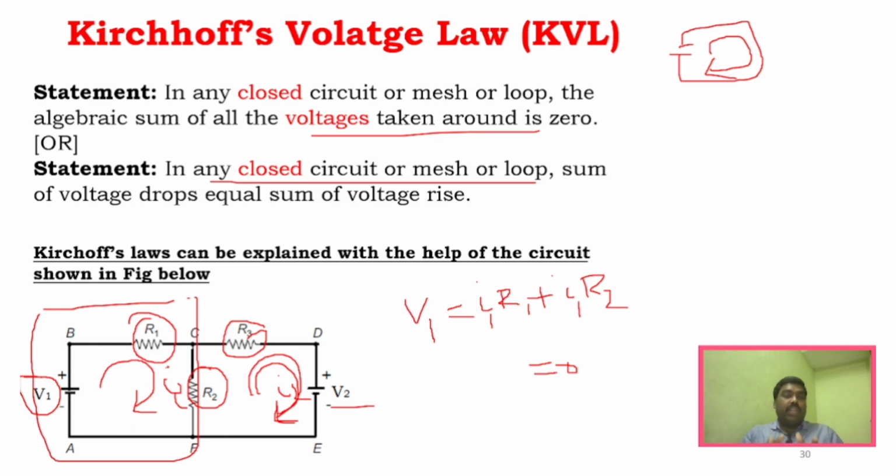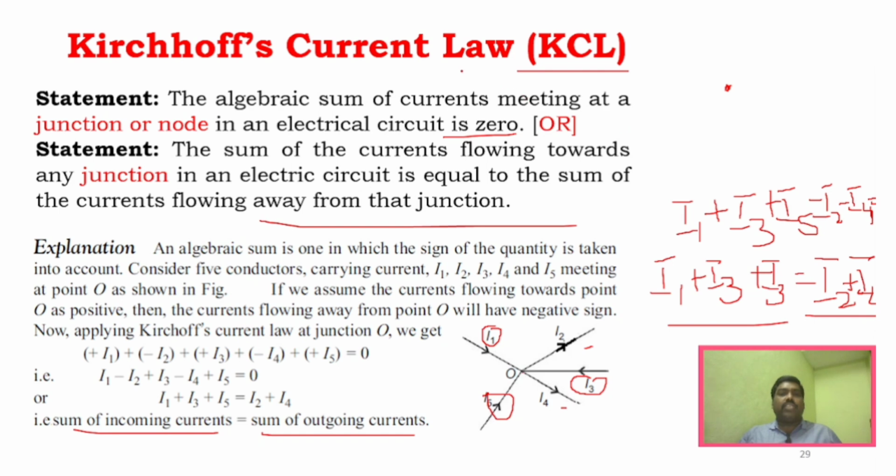So for your understanding, I have just explained what is Kirchhoff's voltage law. If you take any particular mesh, the sum of voltage will be equal to 0, which means the voltage drop will be equal to the voltage rise, right? And Kirchhoff's voltage law speaks about voltage, whereas Kirchhoff's current law speaks about the current. This is a very important law in circuits.